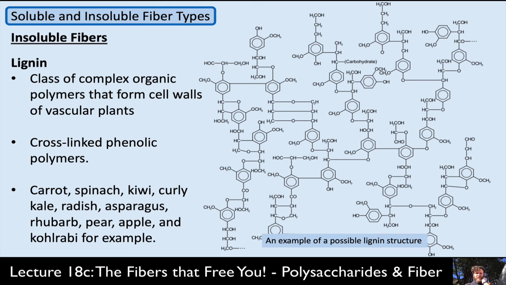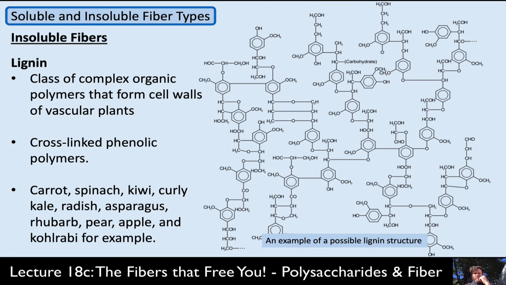These lignins are in the cell walls of those plants. It's all these phenolic polymers that get cross-linked with one another. When we were talking about kombucha, I talked about tannin. Tannin is a fragment of a particular type of lignin.